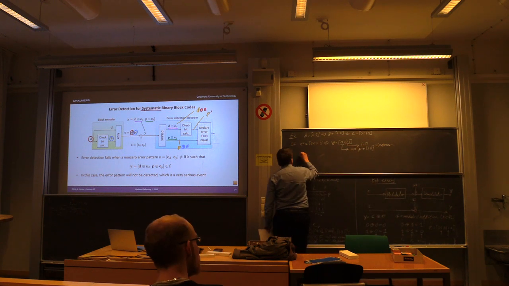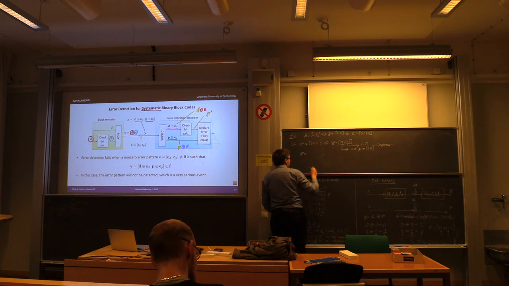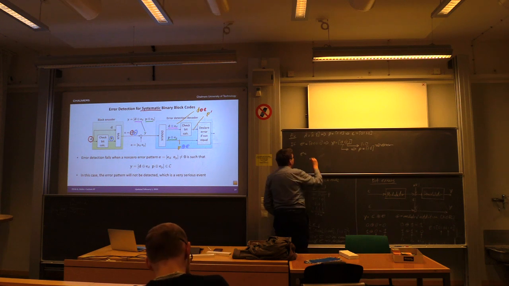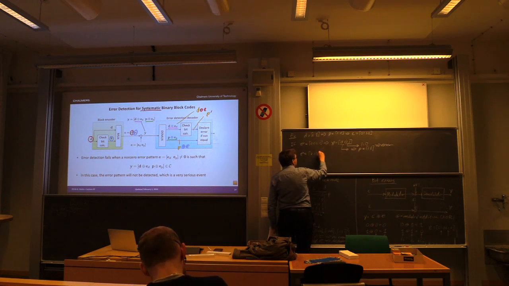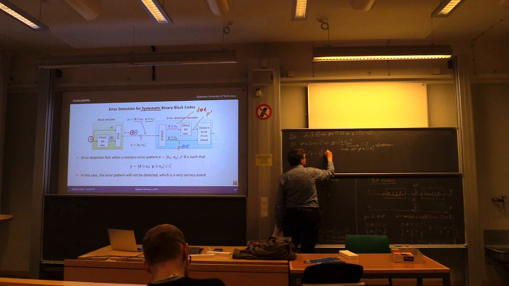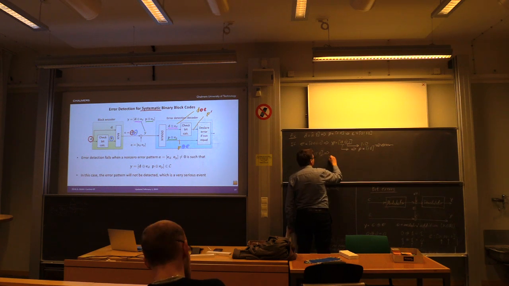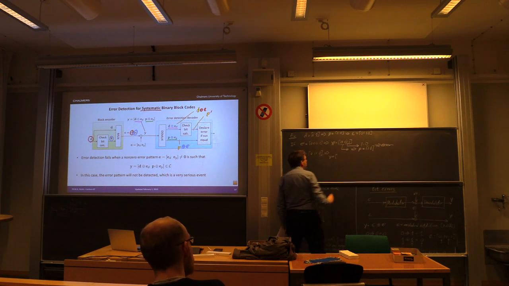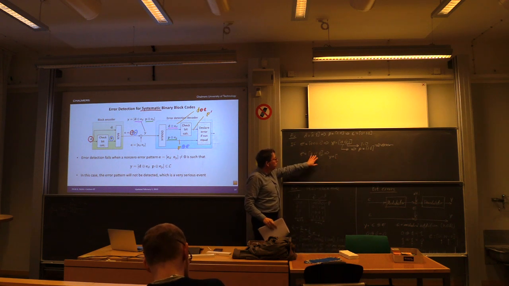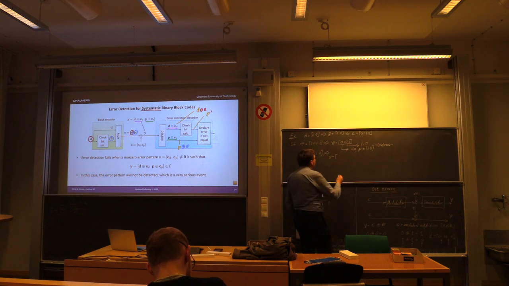Okay, so let's do something else. Let's take another error pattern and let's call it 0, 1, 1, 0 like this. Then the output of the channel Y, what would that be? Well, it will be the input, but the middle 2 bits will be flipped. So it will be 0, 0, 0, 0.